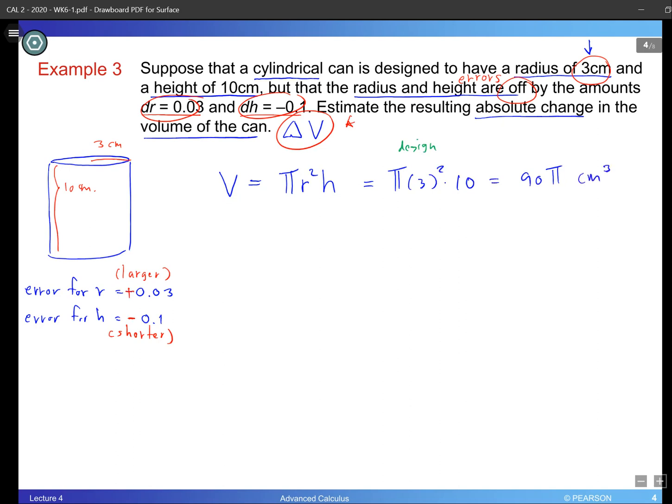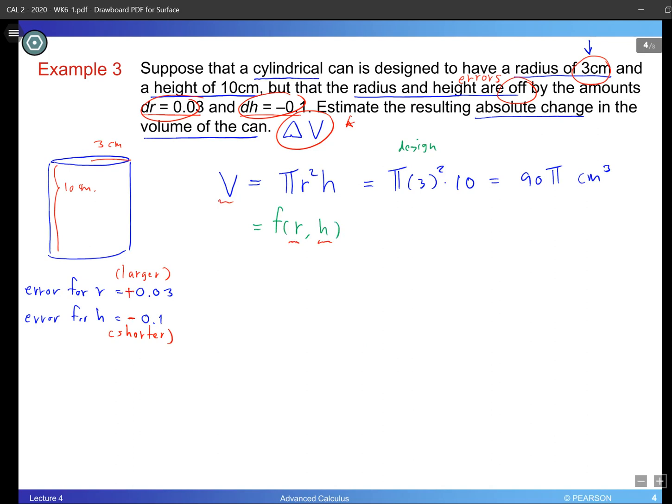At this point, I want you to notice something: volume changes according to the values of r and h, the radius and the height, which means that volume is a function of two inputs, radius and height. So we are looking at a function of two inputs, r and h, and V takes the function value.